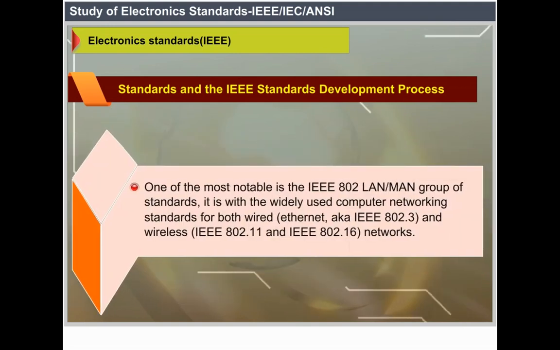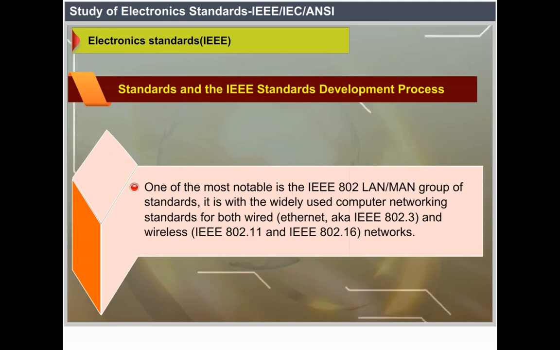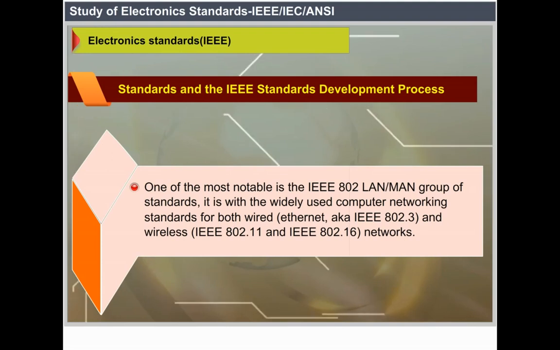One of the more notable are the IEEE 802 LAN/MAN group of standards with the widely used computer networking standard for both wired Ethernet, aka IEEE 802.3, and wireless IEEE 802.11 and IEEE 802.16 networks.